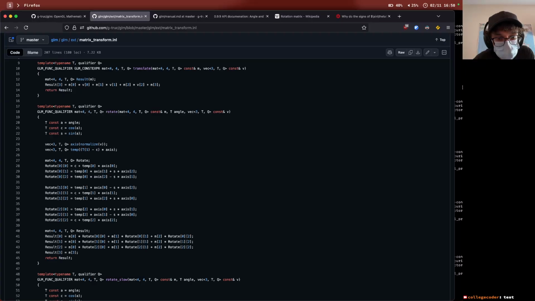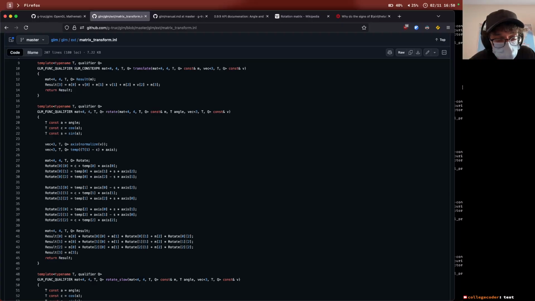Rotate takes a mat4, a reference to const, and a vec3, which is also a reference to const. Matrix is M, the vector we're passing is V. Oh yeah, and in between the angle as well, of course. So it makes A be the angle, and it computes the cosine and the sine of the angle. It pre-computes those. Then it makes a new axis vector where they normalize.